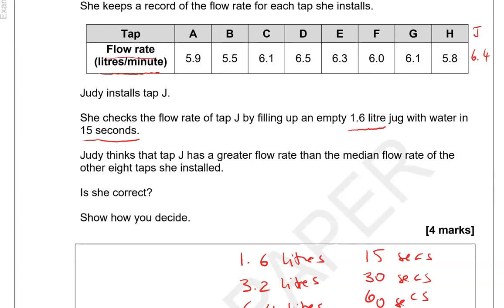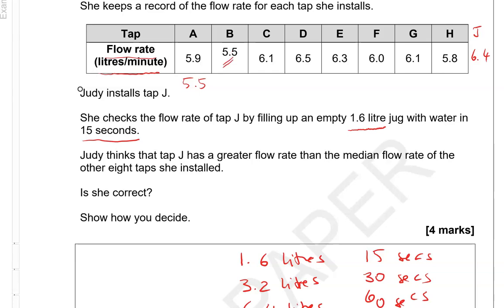So let's put these in order from A to H. So the smallest out of these numbers, decimals, is 5.5, so I'll write it here.